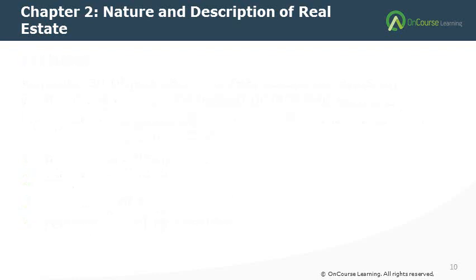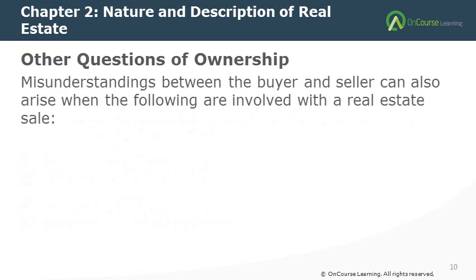There are questions of ownership, some misunderstandings between a buyer and a seller. For instance, if there is a property offered for sale and there's a TV antenna attached to it, many people are cutting the cord these days and erecting an old-fashioned TV antenna for TV programming.